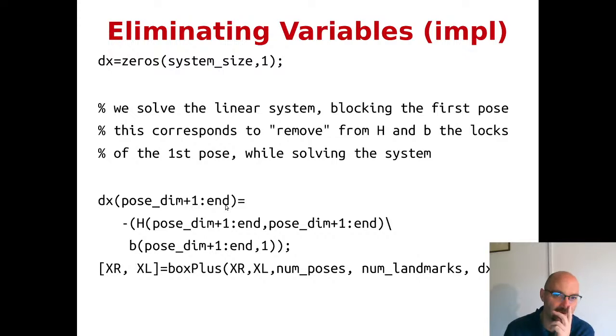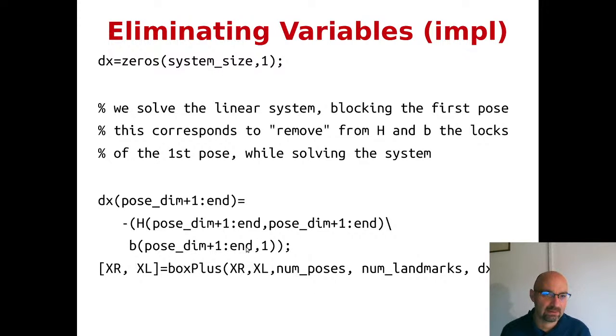So we skip the first elements, and we use the backslash operator in Octave on a reduced matrix that suppresses the first 6 rows and the first 6 columns of the H matrix. And clearly we have to do the same for the b vector.